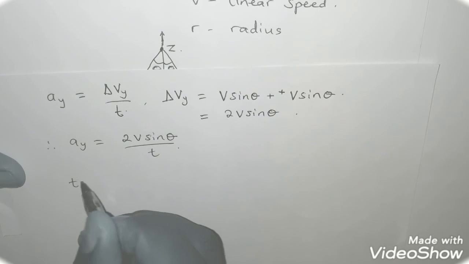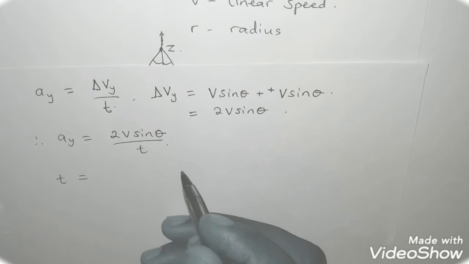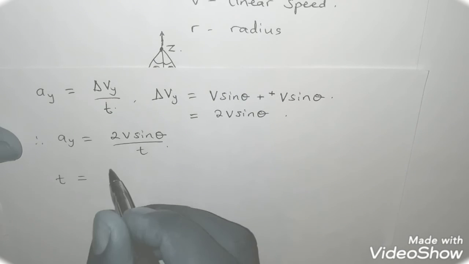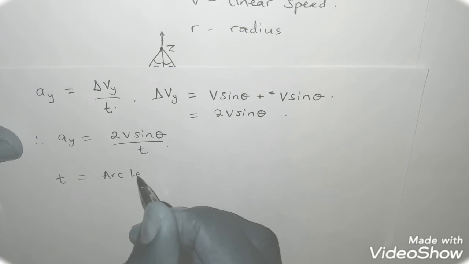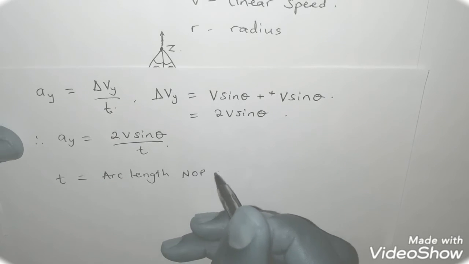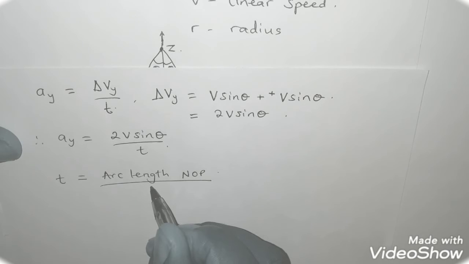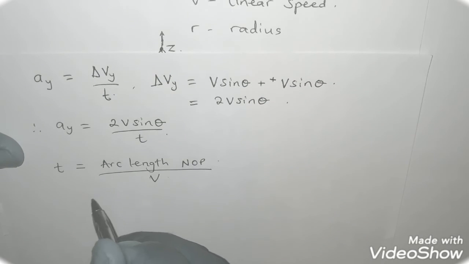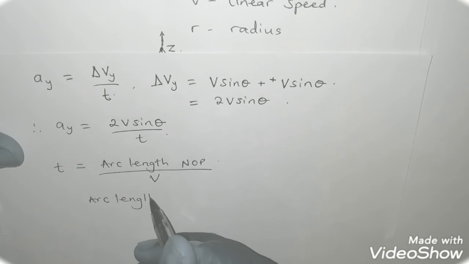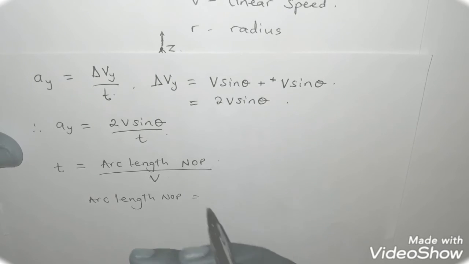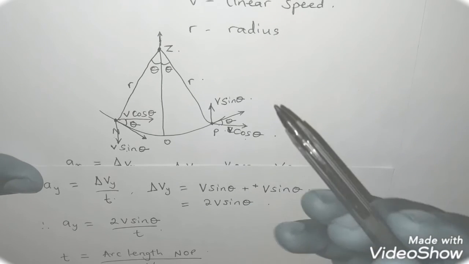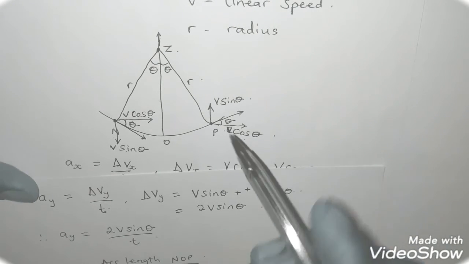But the time is equal to the distance covered by our particle, which is the arc length NOP, divided by the velocity. Now, the arc length NOP is equal to the angle times the radius of the circular path.